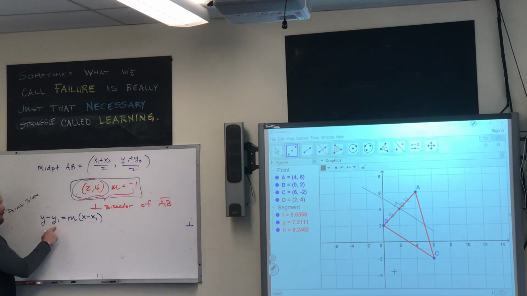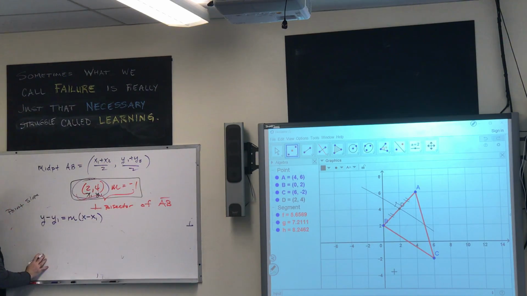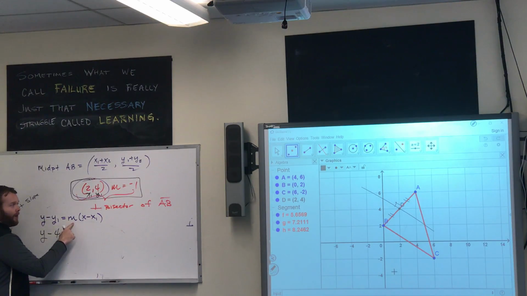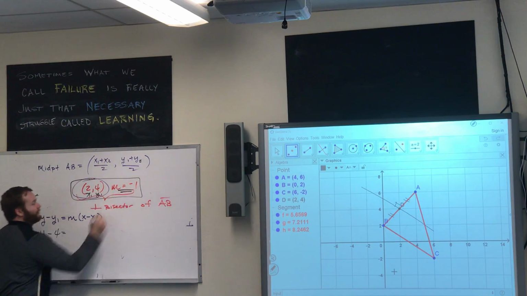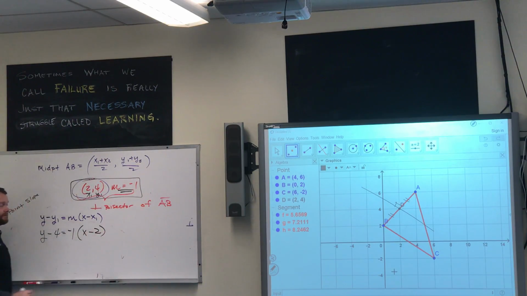So this here is your y1. That's your x1. So I'm gonna go y minus 4 equals m. Well, we need the slope of the line that's perpendicular to AB. Well, we found it. That was -1. And x minus x1, so 2. And that is the equation of a line.